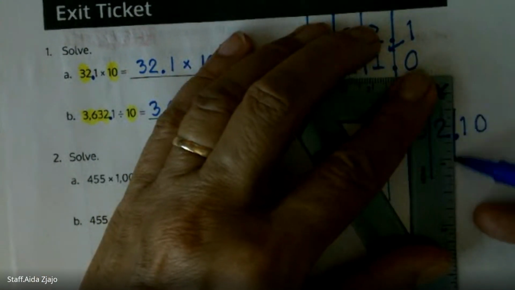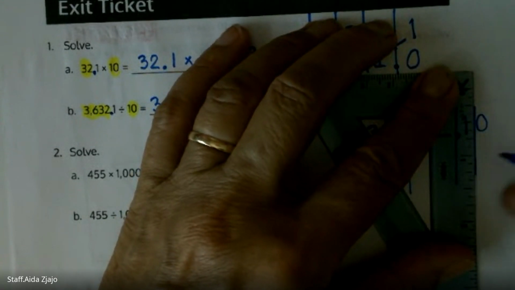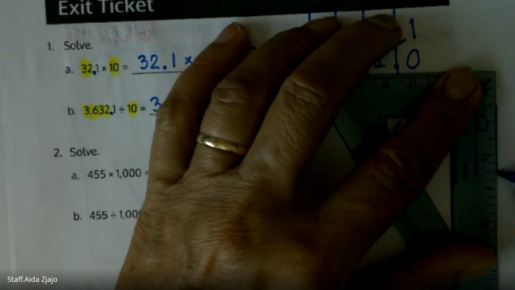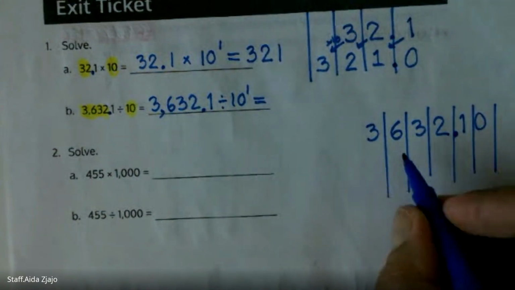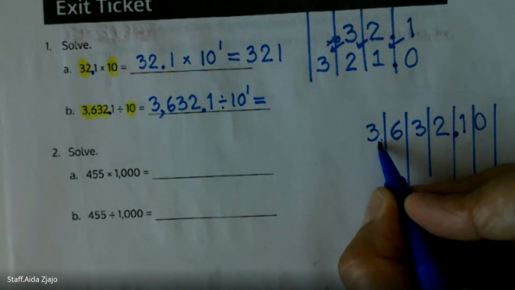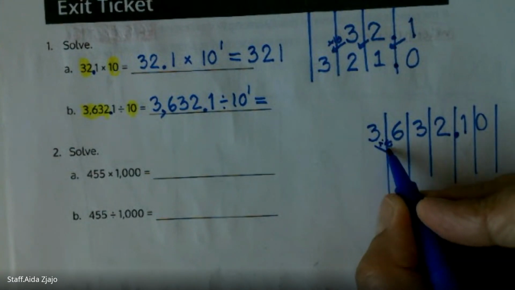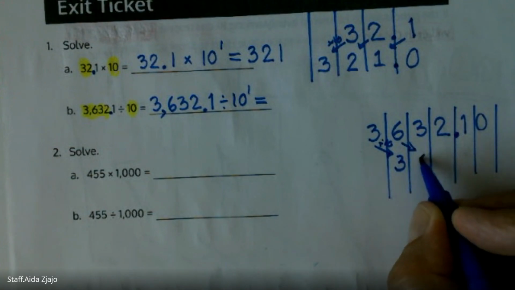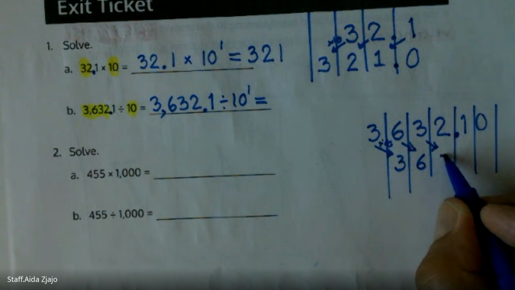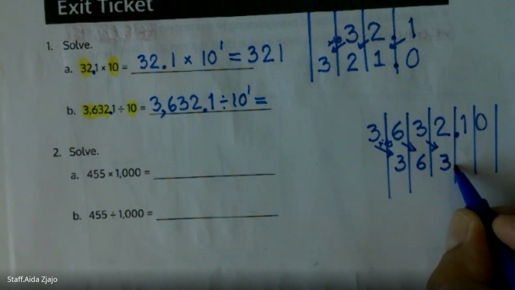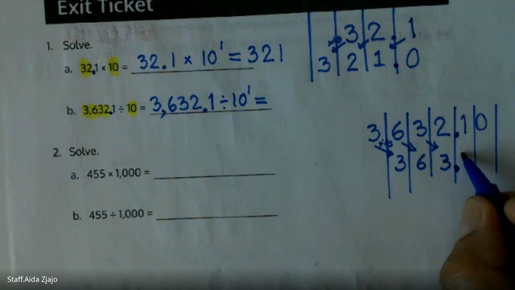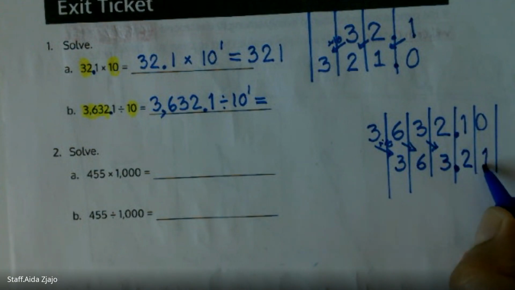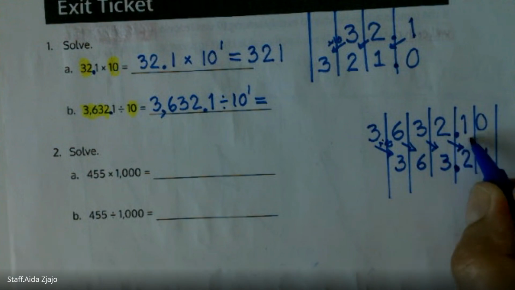Each digit is going to move only once. So divide by 10: the 3 is going to move here, and divide by 10, the 6, and divide by 10, the 3. The decimal will stay on the same spot, and that 2 is going to move here.